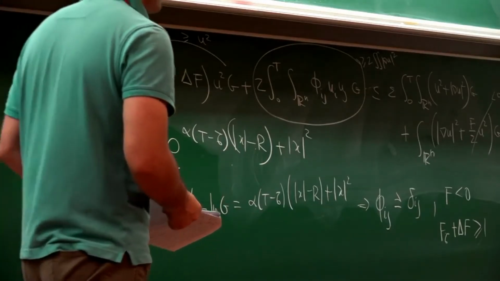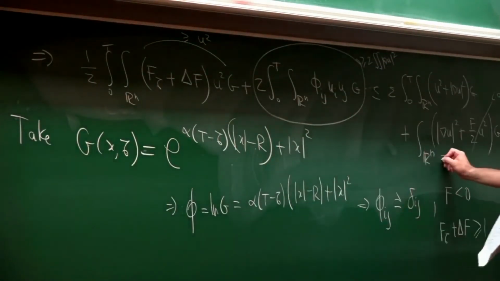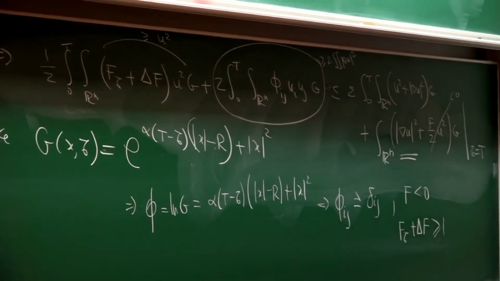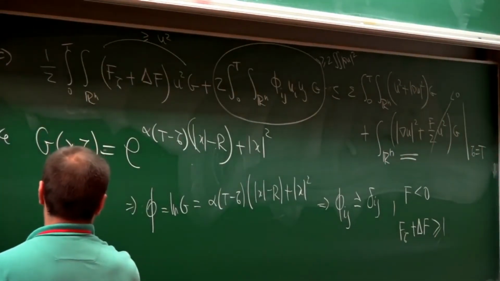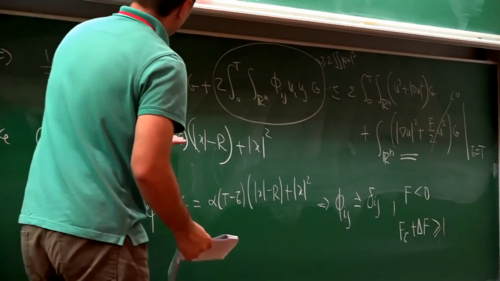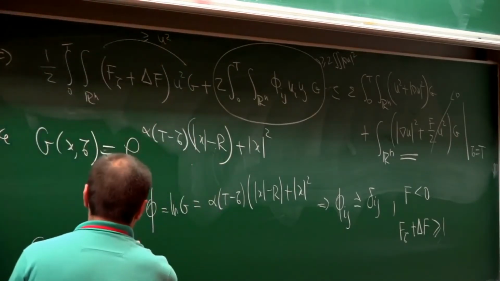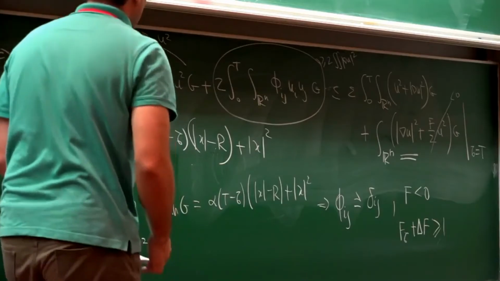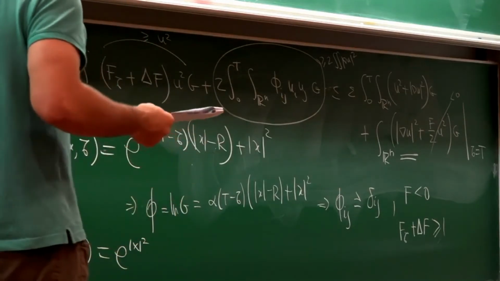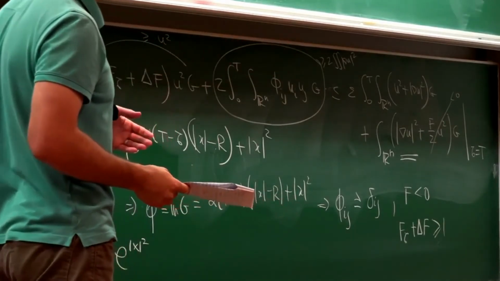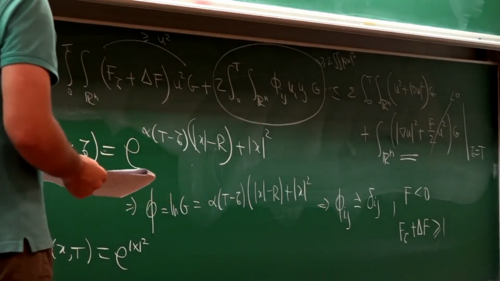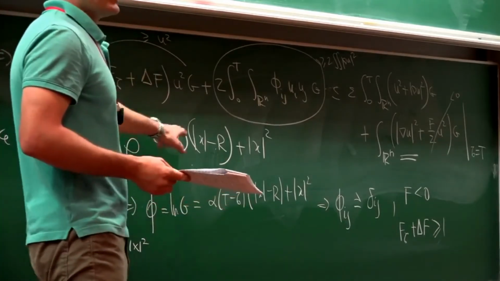The question is, what do you do with the gradient? That you cannot absorb in anything because it's at final time. However, g at final time, this becomes 0, so it's just e to the x squared, right? So, okay, I cannot prove that I can absorb the right hand side into left hand side, but I have an alpha here which is unaccounted for.